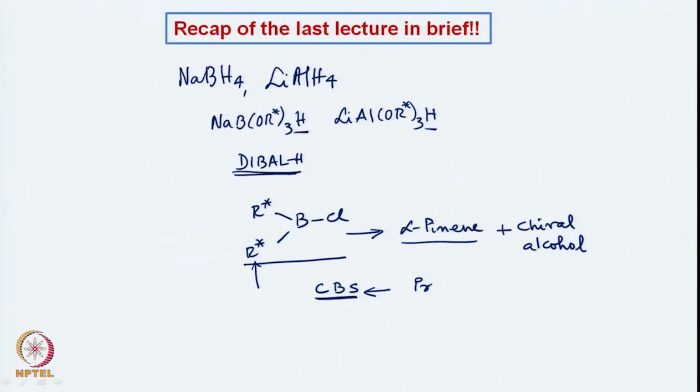As we discussed, it comes from proline, and we can take R proline or S proline depending on which particular enantiomerically pure alcohol is required. So obviously when we start with R proline we get 1 enantiomer of alcohol, and we get the opposite enantiomer if we take S proline.